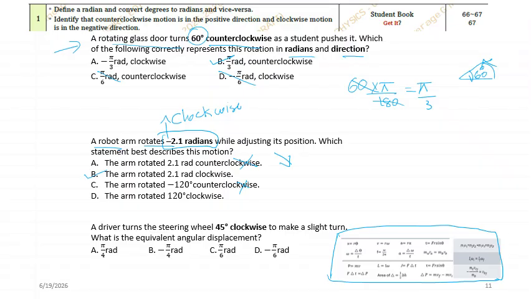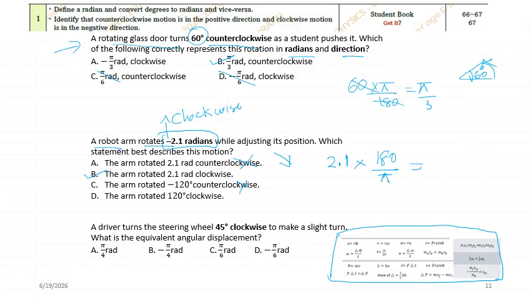Let us check whether this other answer is also correct. Over here they have specified 2.1 radian and this option is in degree, so first of all you need to convert it. To convert radian to degree, you multiply by 180 over pi.